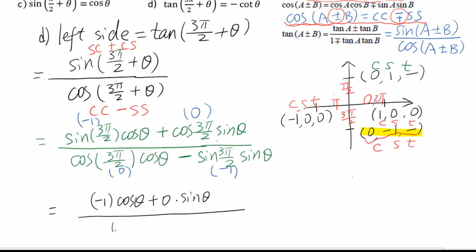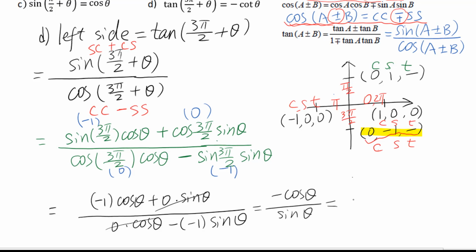For the denominator, you have 0 times cosine theta minus -1 times sine theta. 0 times sine theta is 0, so you get negative cosine theta. For the denominator, negative will be positive sine theta. Cosine theta over sine theta will be cotangent theta. So we have negative cotangent theta equals the right side. So we finish proving.